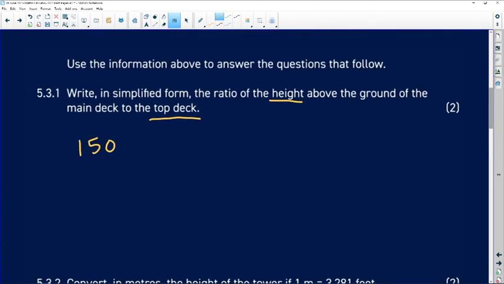150 is to 250. I wrote it in order, but then I didn't finish it because it says write it in simplified form. My cheat sheet when I do this is that I go to my calculator and I make 150 the numerator and I make 250 the denominator.